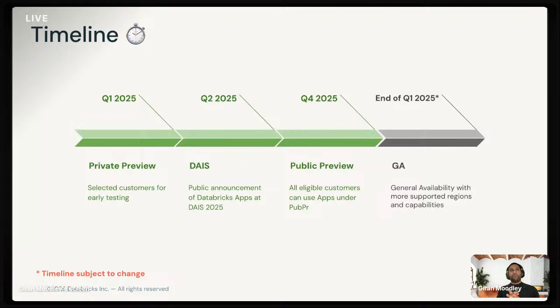There's a bunch of capabilities we're working towards, as well as more general region availability, because one of the questions we always get asked is, this capability is great at Databricks, but is it available in my region? Rest assured, yes, we are working across all three clouds, AWS, Azure, and GCP, as well as additional regions to support this capability.